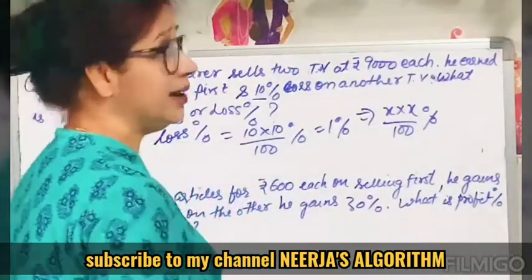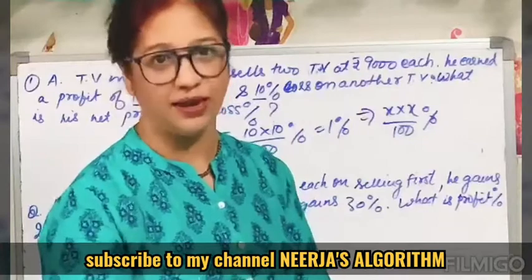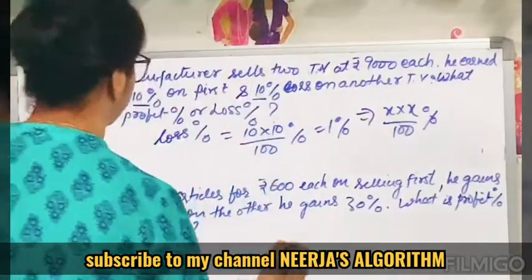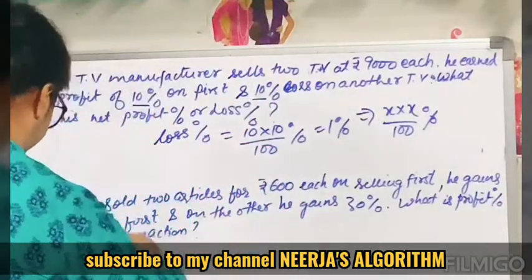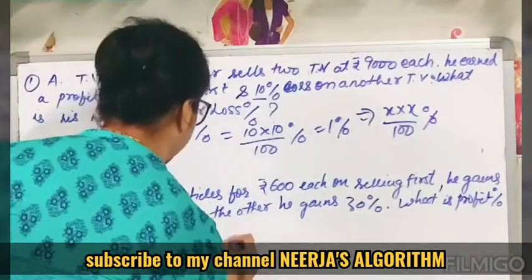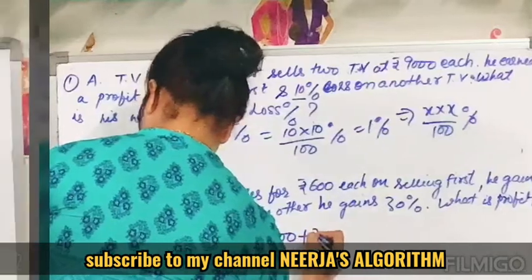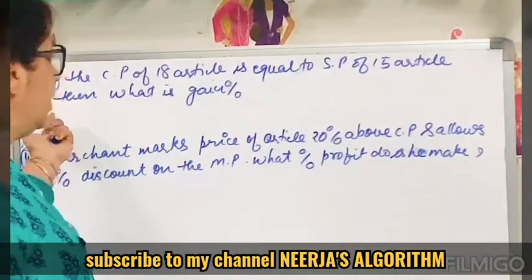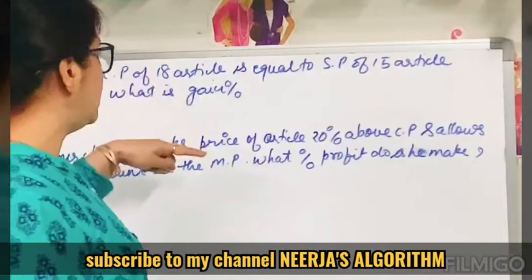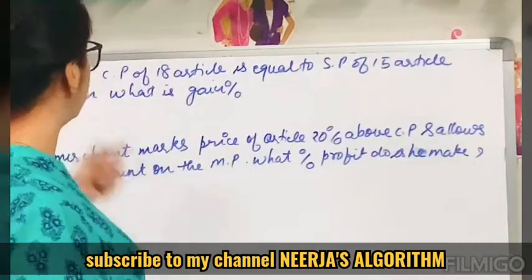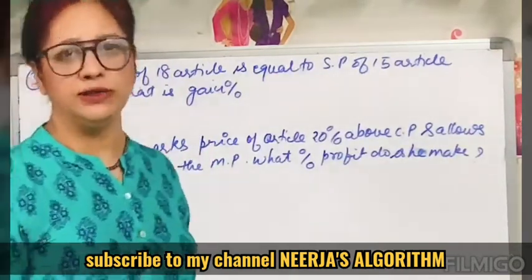Because he is gaining, naturally it will be a gain. Now what will happen? The formula becomes, I am writing this first, the solution, and then I am explaining it to you. 200 plus it becomes. Now the question number 3: if the cost price of 18 articles is equal to the selling price of 15 articles, then what is the gain percent?